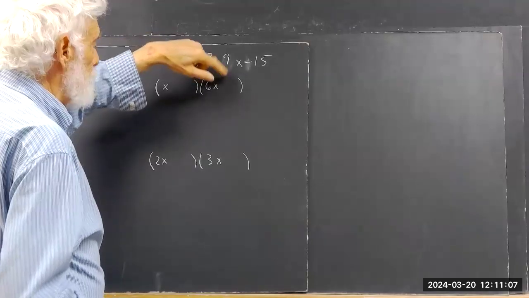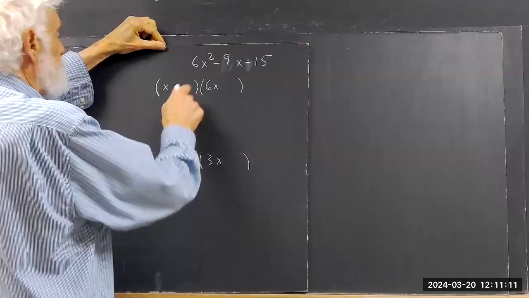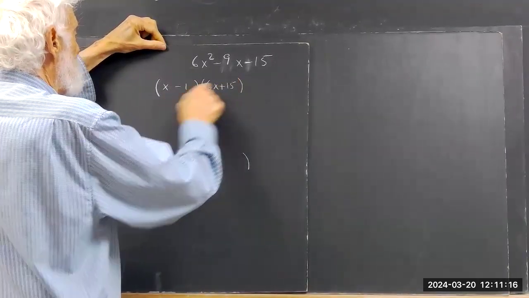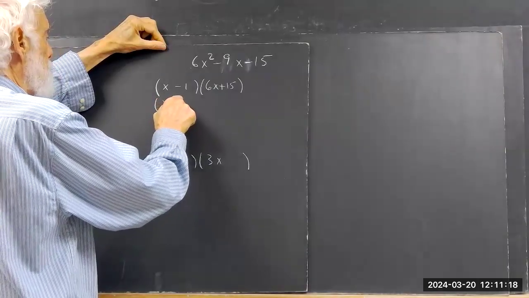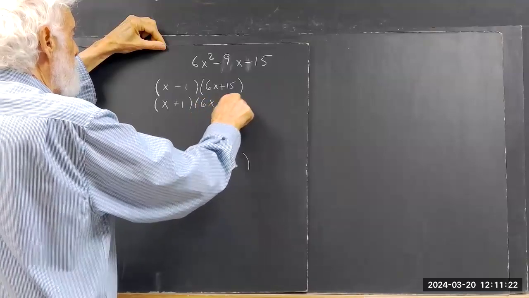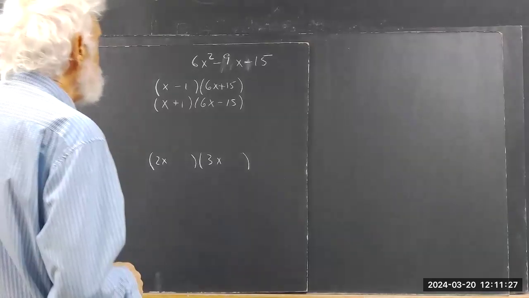Now, if we use x and 6x, we need to get -15. So we could do -1 plus 15, or plus 1 and minus 15.